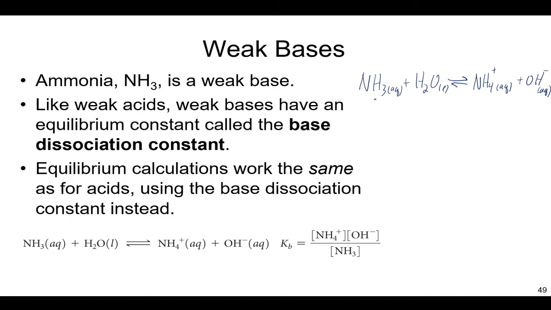This weak base, ammonia, this is our weak base. Water is acting like the acid. This would be our conjugate acid of our weak base. This NH3 has a Kb value. This is the base dissociation constant.